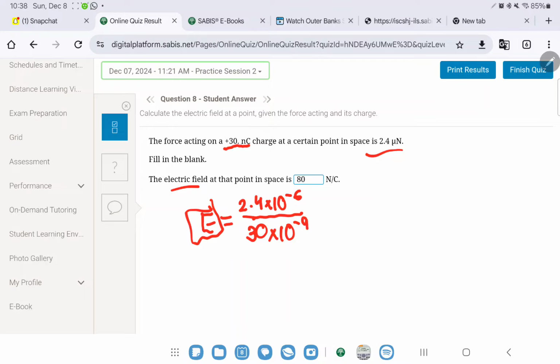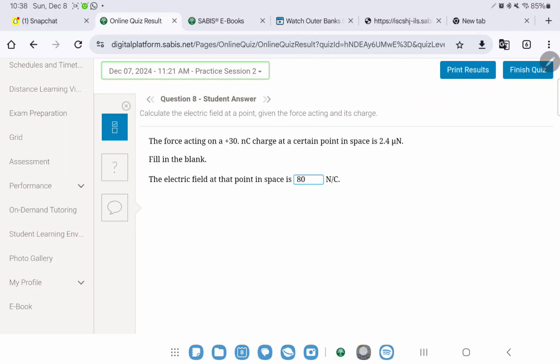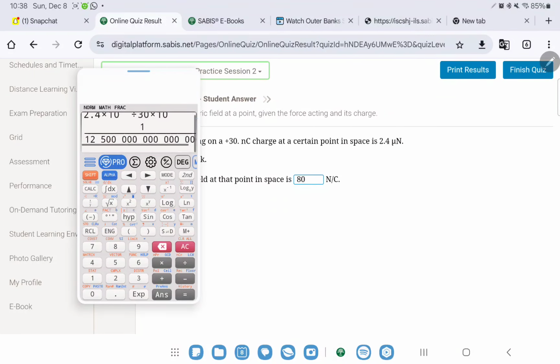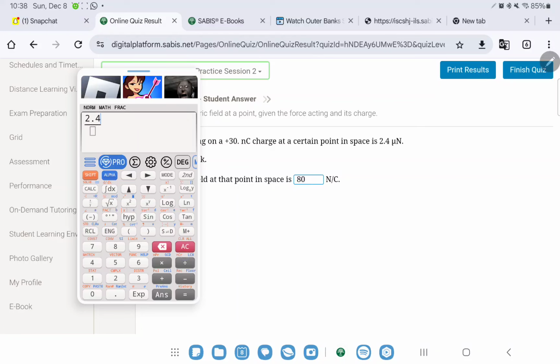Once you divide these two by each other, let's see, I have a calculator somewhere. Wait, sorry, my bad. 2.4 times 10 power -6 over 30 times 10 power -9.